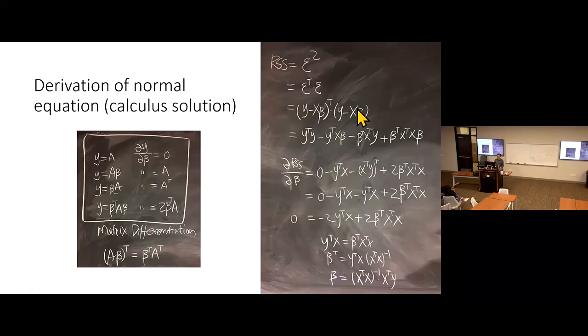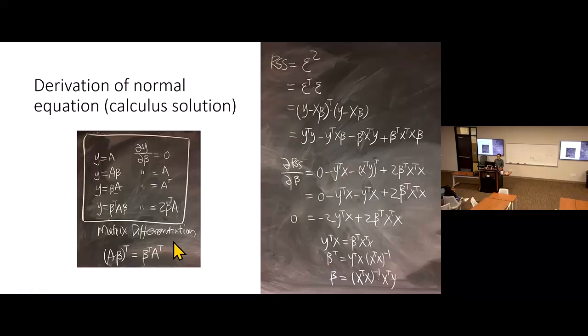You can use the dot product, all the terms have been written out, and when you differentiate with respect to beta, this term has no beta so it becomes 0, and this becomes that.